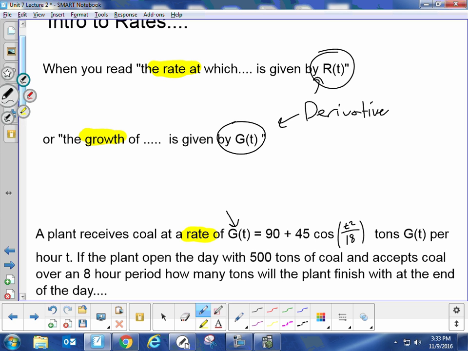Though they give you, in terms of capital G, it is the derivative of some other function that they didn't give you, like T, where T is the total amount of coal.